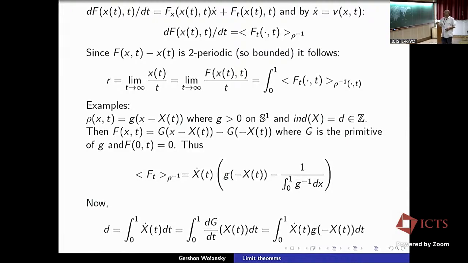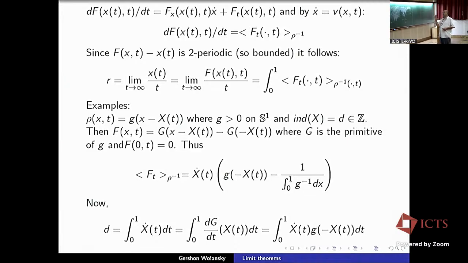This is the index of x. But what happens in this case? We can write f of x_t: we can take the primitive of g, and f of t will be just f of x minus x of t minus f minus x_t. This f is normalized such that it will be zero along the orbit.